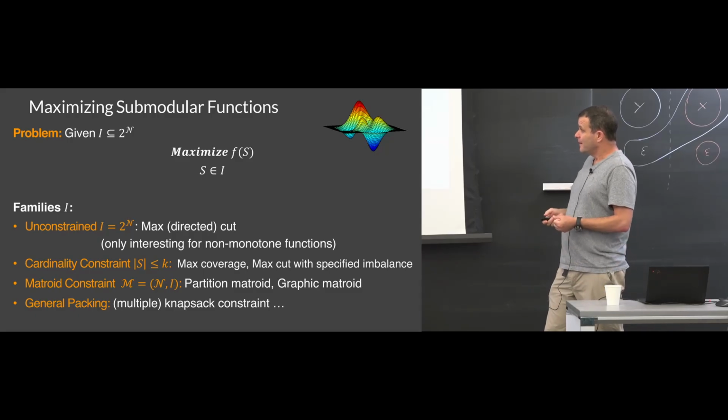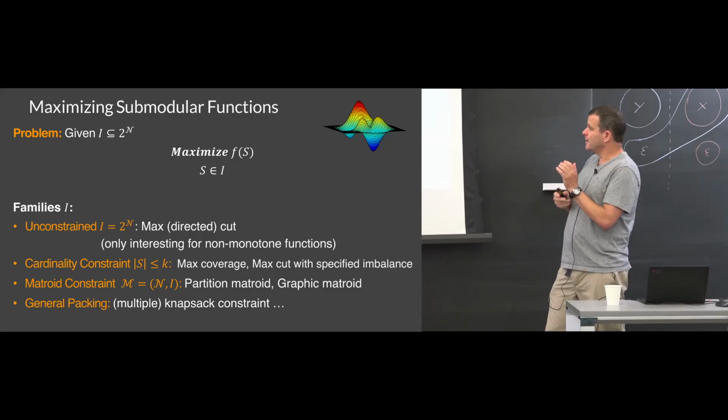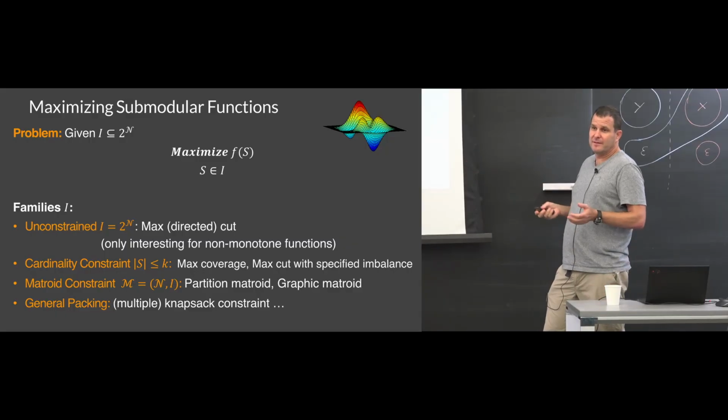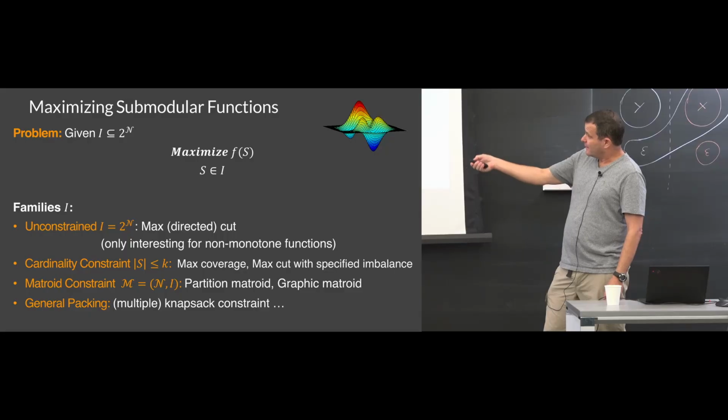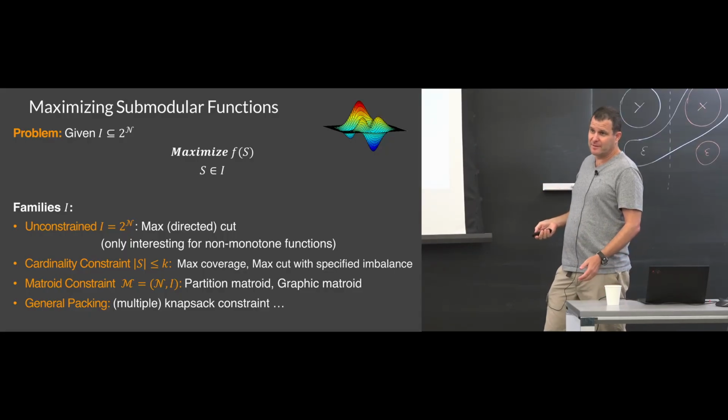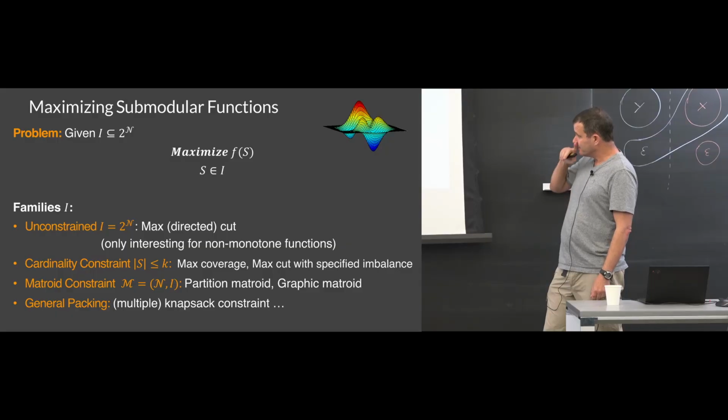There are lots of interesting families. Even unconstrained is interesting, where you can choose any subset of elements. If the function is monotone, choose everything. But if the function is non-monotone, this already generalizes max cut or max directed cut.